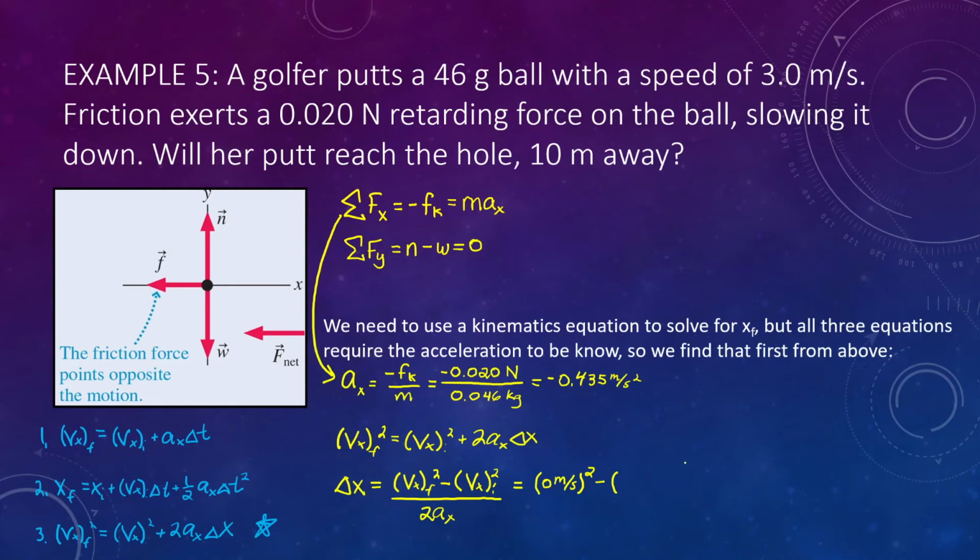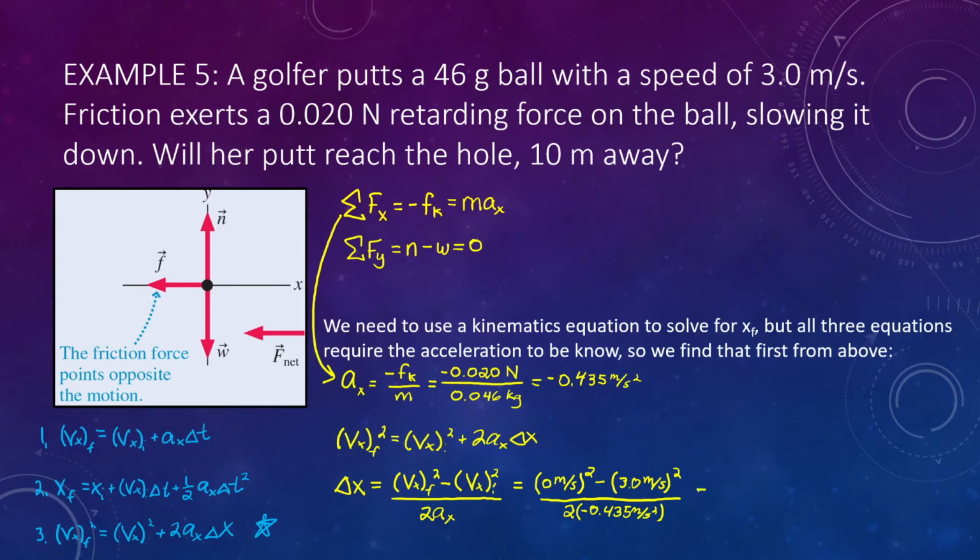The initial velocity is given to us. It says that she hits the ball at 3.0 meters per second. All of this is divided by 2 times the acceleration that we just solved for, negative 0.435 meters per second squared.